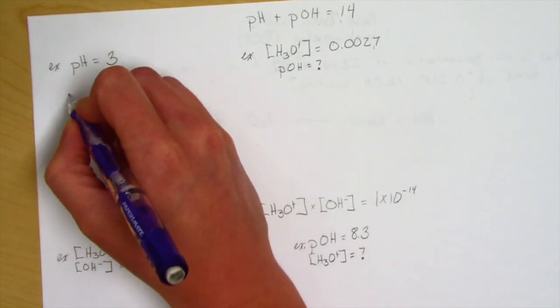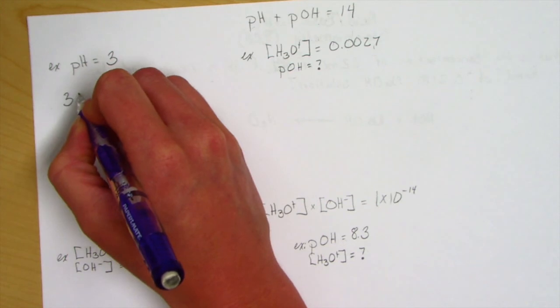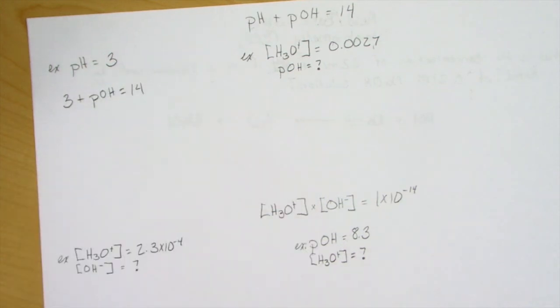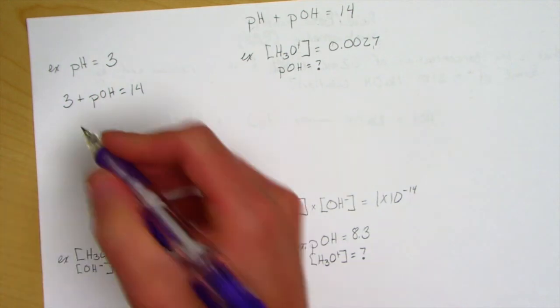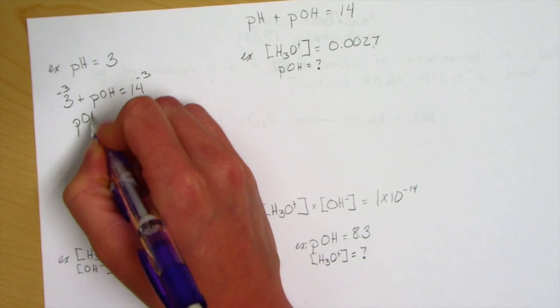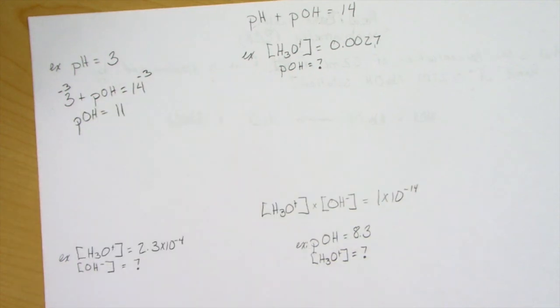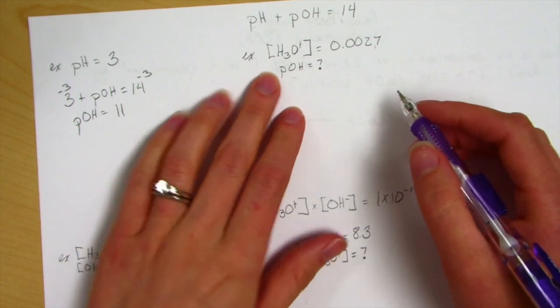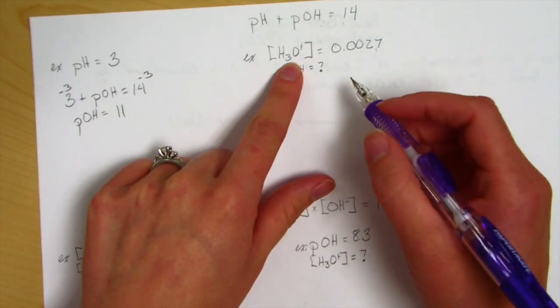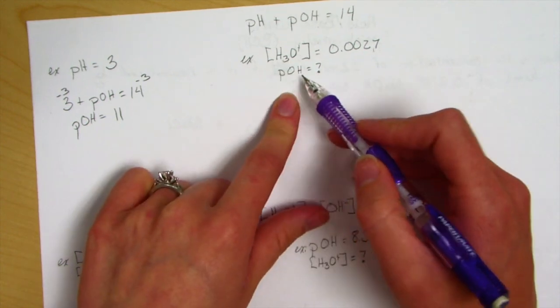So very simply I say 3 plus pOH equals 14. Mathematically I can do that in my head, but really we're going to subtract 3 from both sides and we're going to say pOH equals 11. That's really as simple as it could be, except for when we go and do something like this where I have the H3O plus concentration, but I want to know pOH.